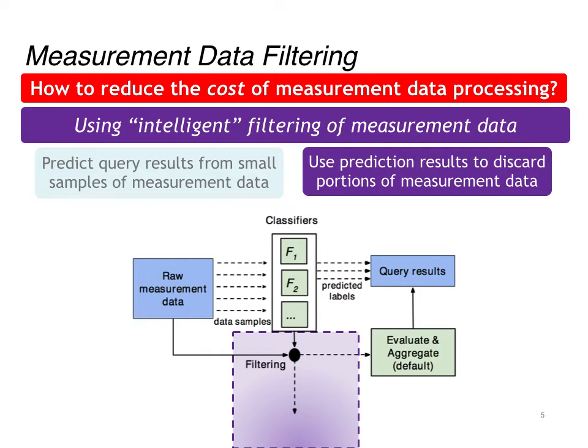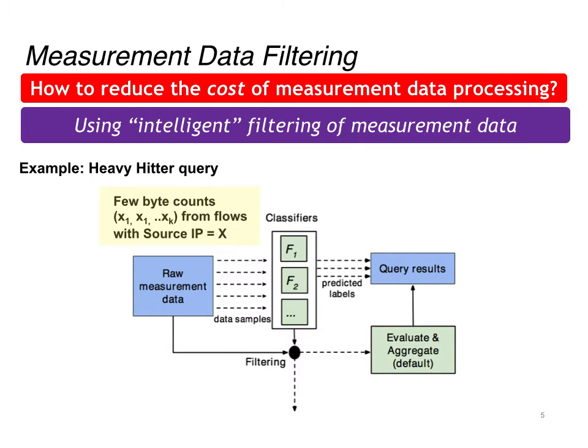We can illustrate this using the example of a heavy hitter query. So in this case, from the initial set of measurement data, we sample very few byte counts from flows with a given source IP address X. Then the prediction says whether X is a heavy hitter or not.